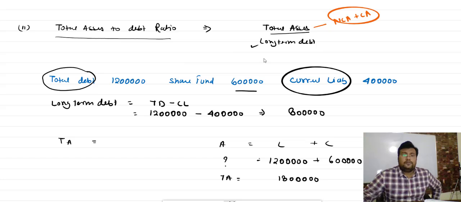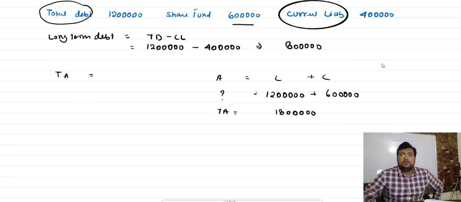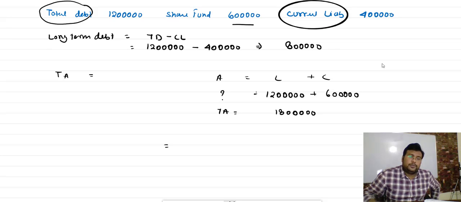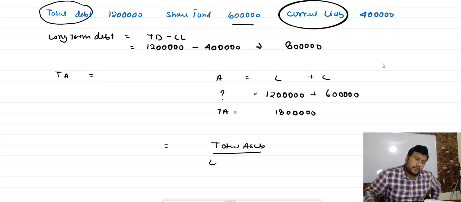Now we have long term debts also and we have total assets also. So the ratio will be total assets divided by long term debt.